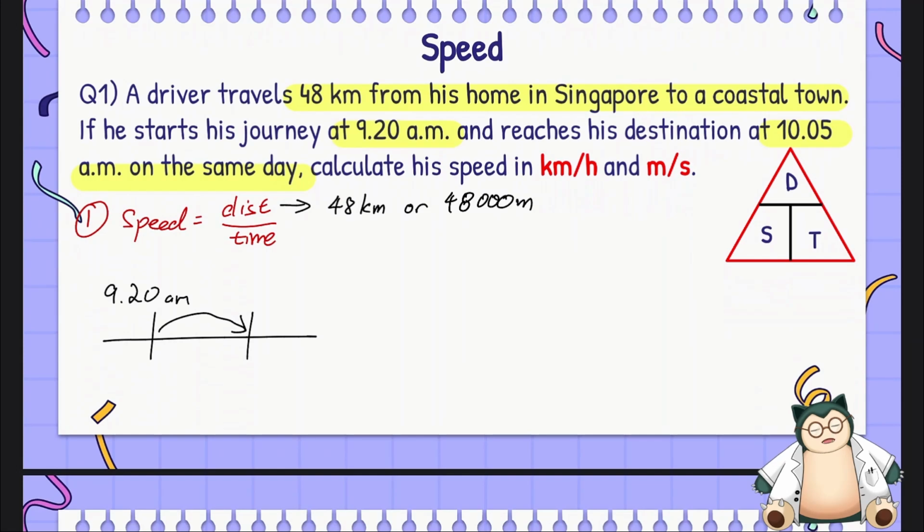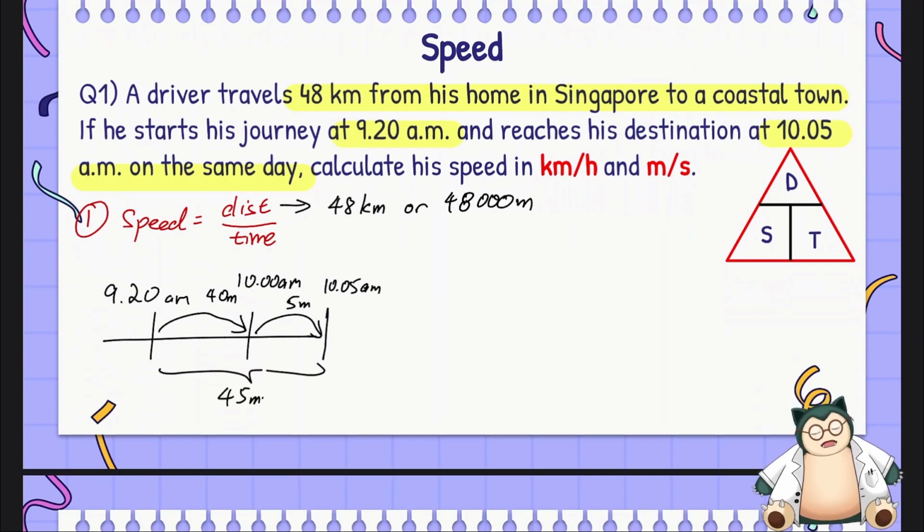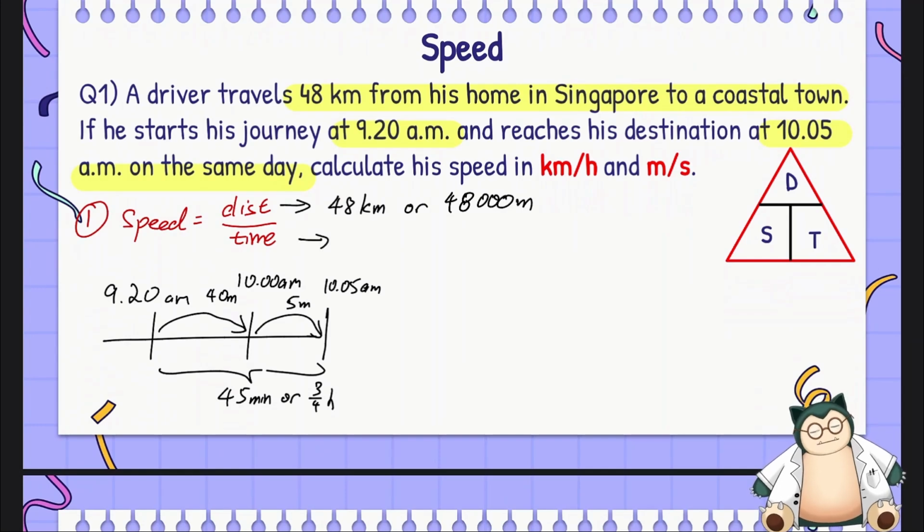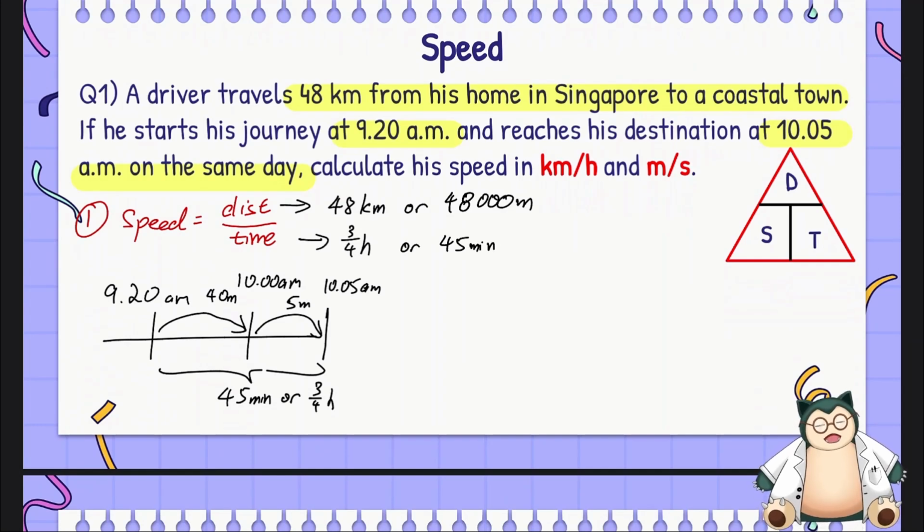To go to 10 o'clock, you add 40 minutes, so you have 10 a.m. and then you add another 5 minutes to reach 10:05 a.m. So our total is 45 minutes, or 3/4 of an hour, just by dividing by 60. So our time will just be 3/4 hour or 45 minutes.